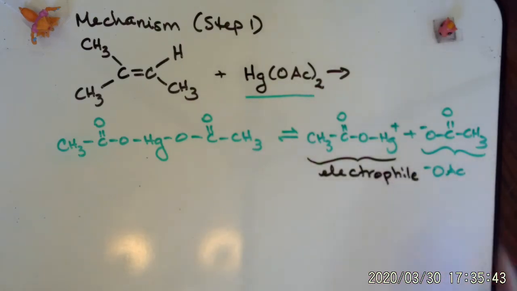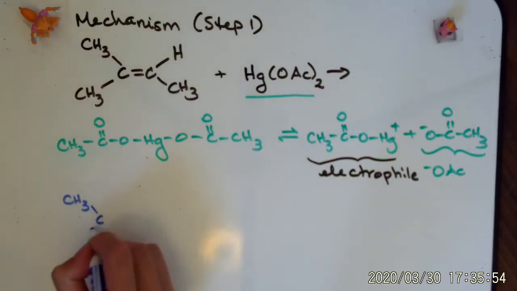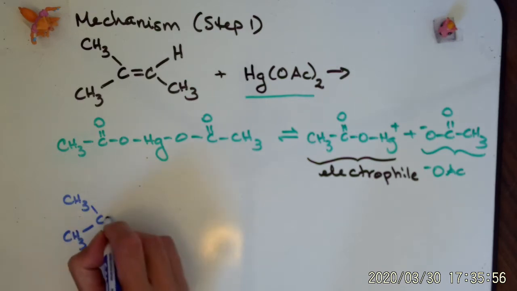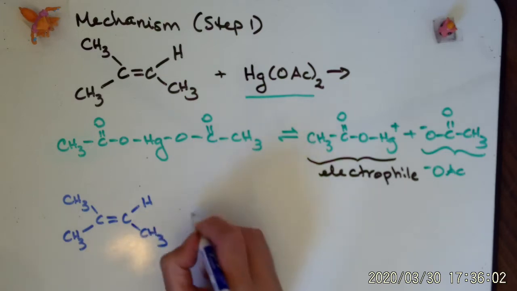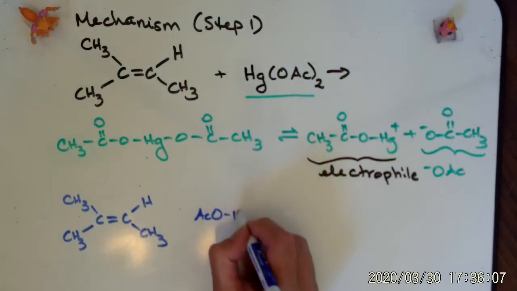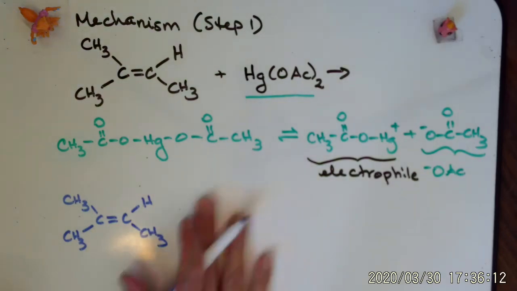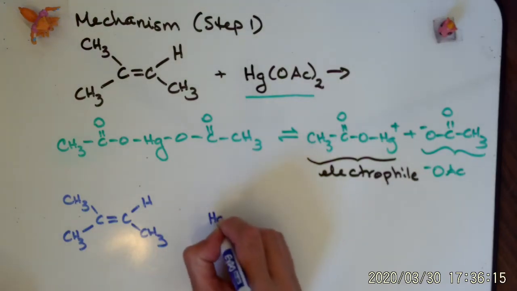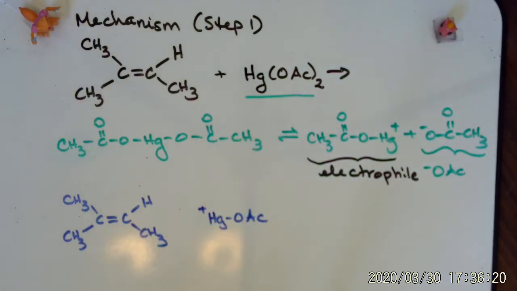So when we talk about electrophilic addition, we have to add my electrophile. Now when we do this, let me just redraw it here. It's easier to see than having those arrows go all over the place. It's going to be AcOHg plus, an acetate, or if you want, you can draw it more cleanly so you can see it's an acetate.